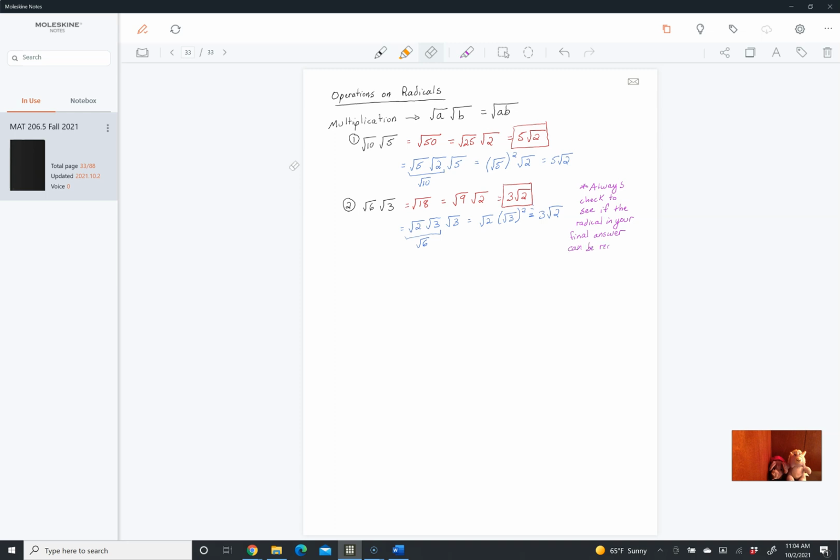And this is actually the case for any operation. So as we work through addition, subtraction, division, you should always be looking for this.